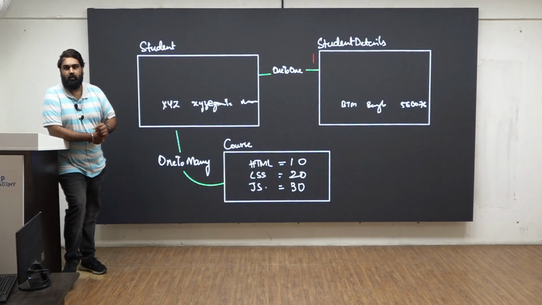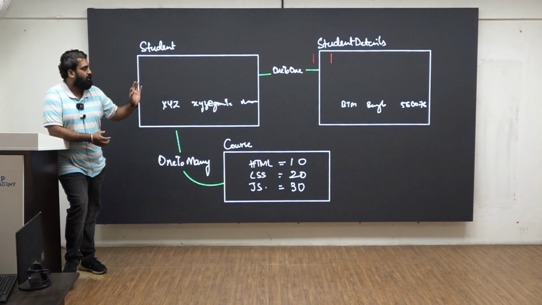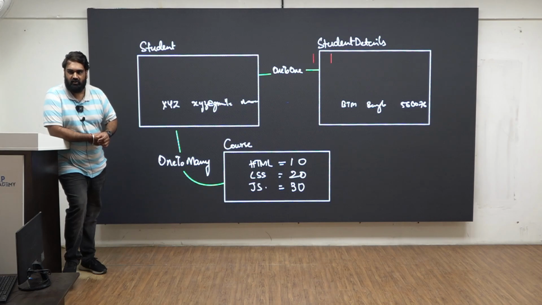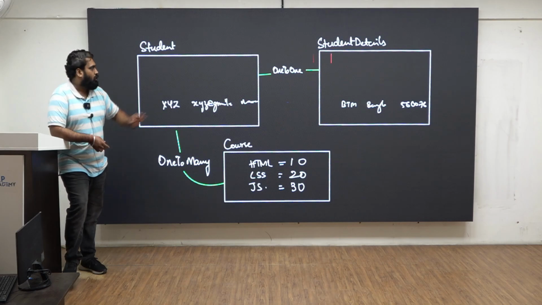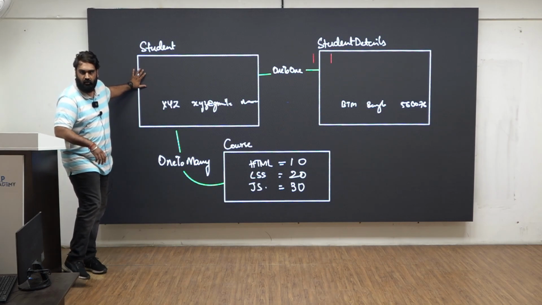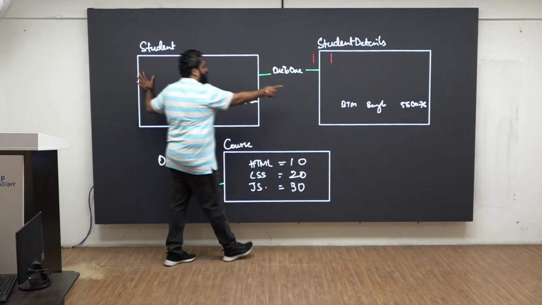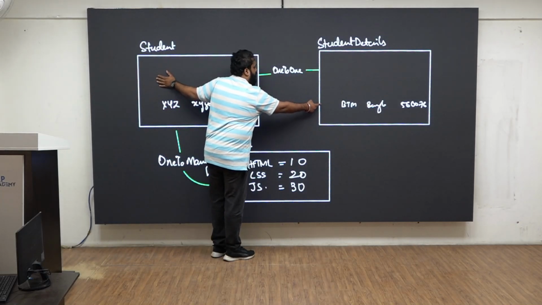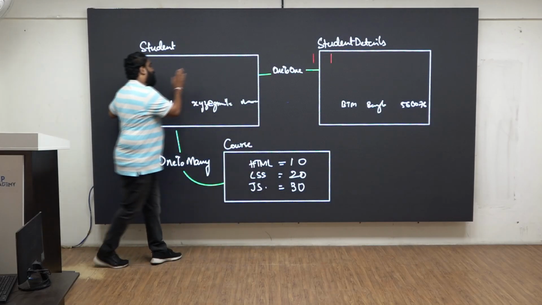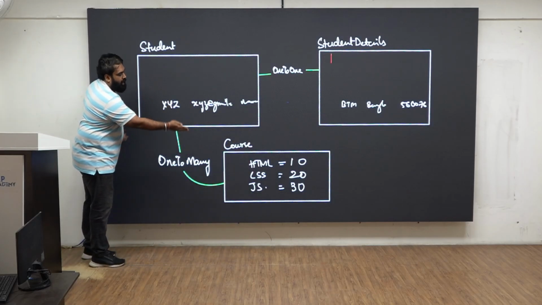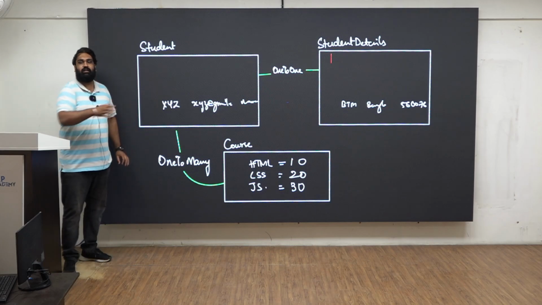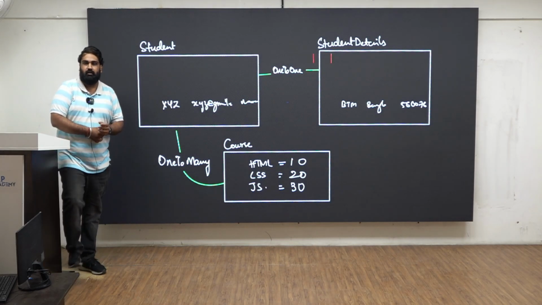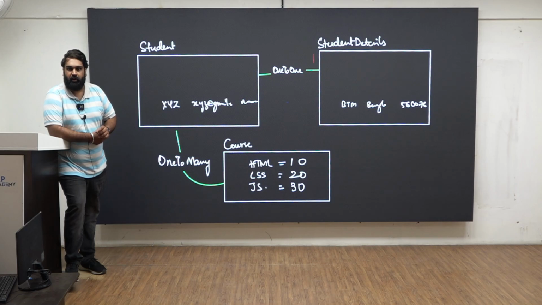So now what I want to do is write a program such that one row in one table should be mapped with one row in another table, and also one row in one table should be mapped with many rows in another table. I hope you are able to understand this.